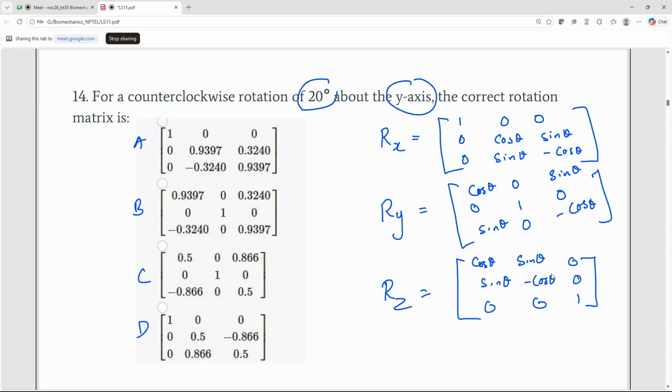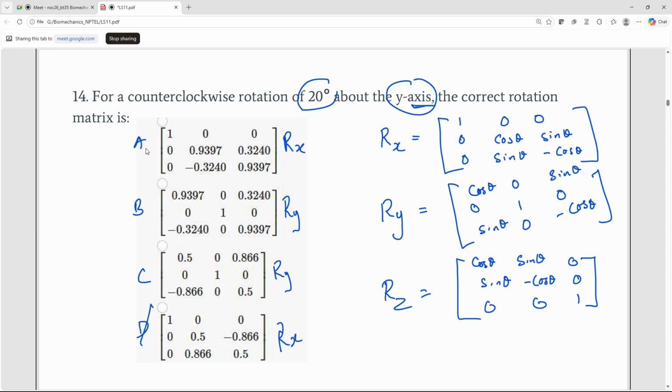These are the three rotation matrices. So here the question is about y-axis. So here you have to find this combination. So from this, this is about Rx. So this is about Ry, this is Ry, and this is Rx.